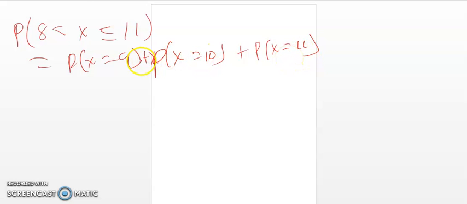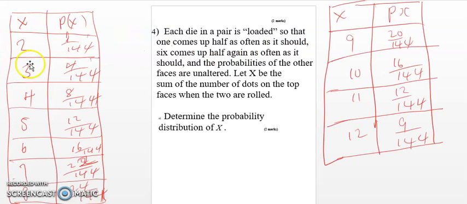Let's evaluate that using our table. When x is equal to 9, it is 20 by 144. When x is 10, it is 16 by 144, and when x is 11, it is 12 by 144.